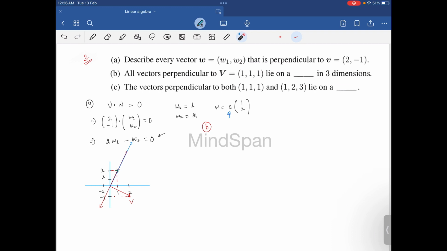So let's suppose you have this three-dimensional space. Let me draw this one also.